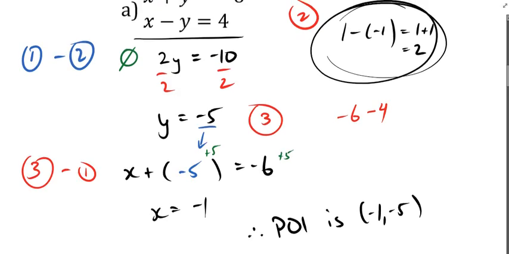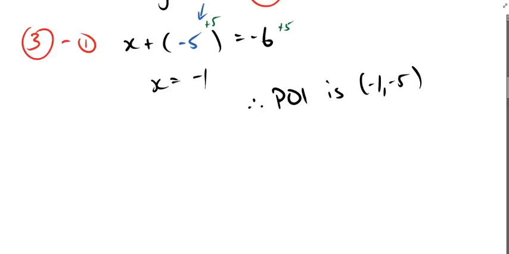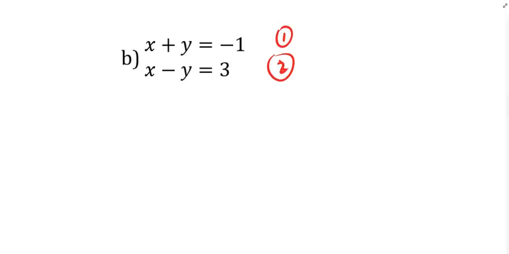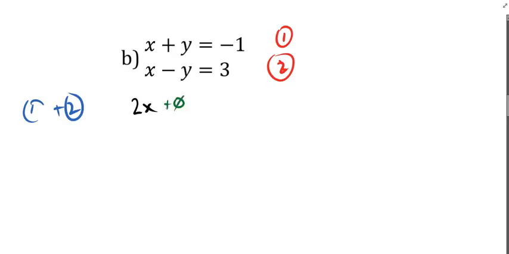This one we subtracted, so this one we're going to add. 1 plus 2, x plus x is 2x. y plus negative y, they're the same but opposite, is 0.